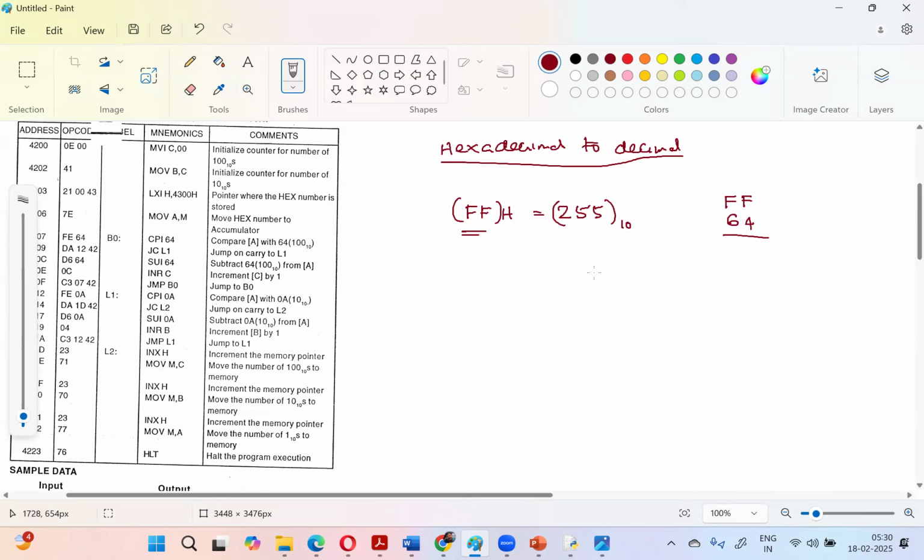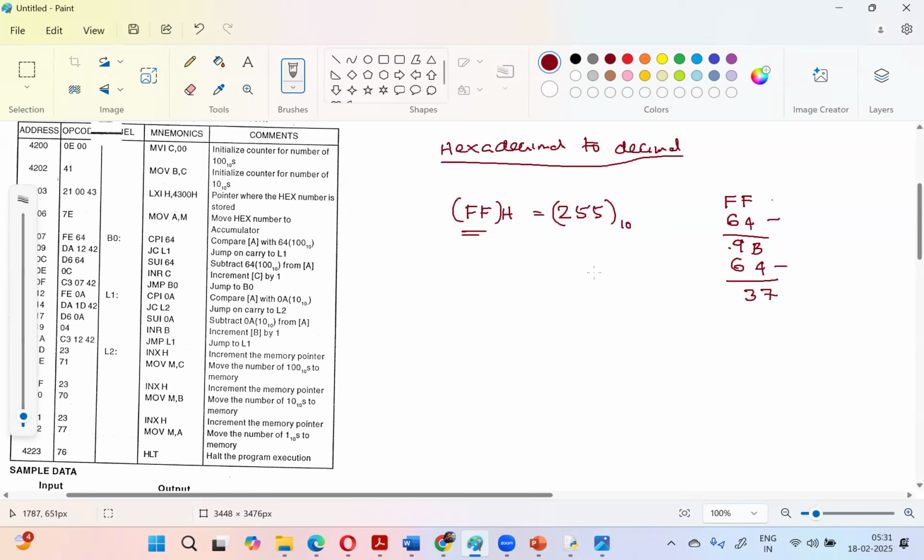Here F is 15, 15 minus 4 is 11, which is B, and 15 minus 6 is 9. Then this is again greater than 64, so once again we subtract 64. You will get 11 minus 4 is 7, and 9 minus 6 is 3. So, 2 times we have 64.